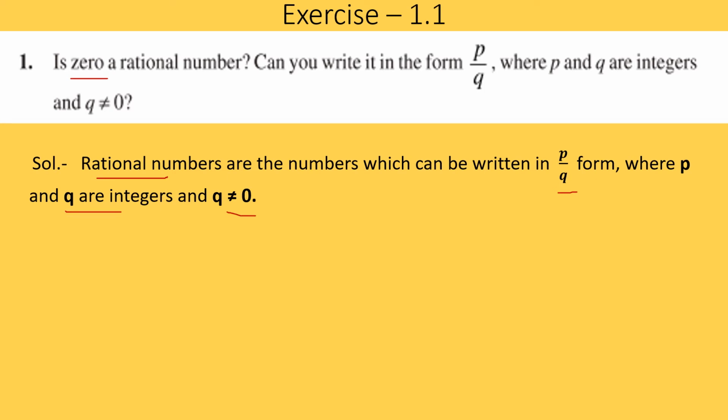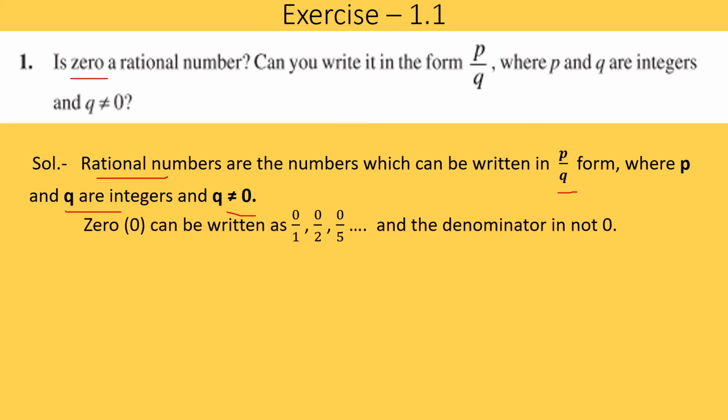Now think, can we write 0 in the form of p by q? Yes, we can write 0 as 0 upon 1, 0 upon 2, 0 upon 3, 0 upon 4, 0 upon 10, and so on. 0, if we divide by any number, we will get 0 only. That means we can write 0 in the form of p by q, where p and q are integers. In the first case, p is 0, and 0 is an integer. q is 1, and 1 is an integer.